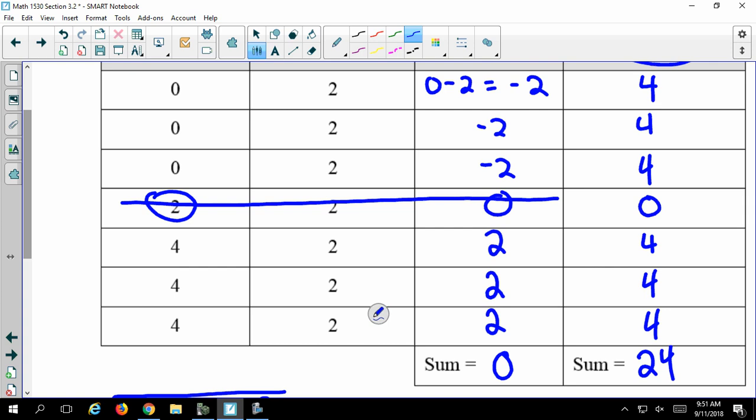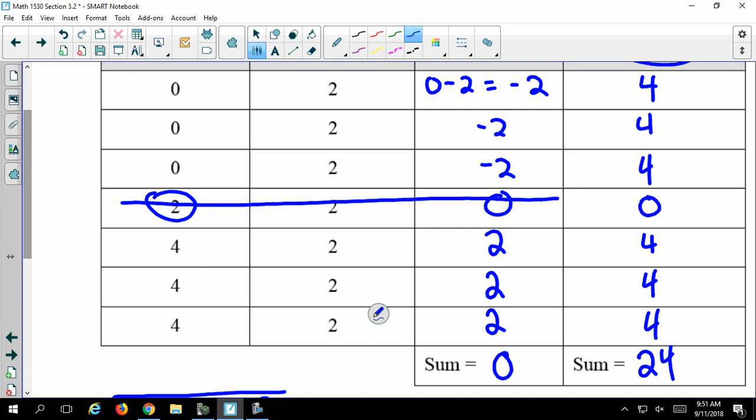You're looking for the deviations from all the data points to the mean, not from the mean to itself. So you're just taking away that one value, and it gives you a more accurate representation of what you're trying to figure out: how far is it from all the other points to the mean? You don't care about the mean itself. Does that make sense? Okay, so that's why it's n minus 1.